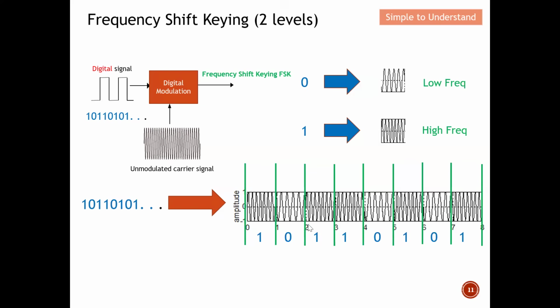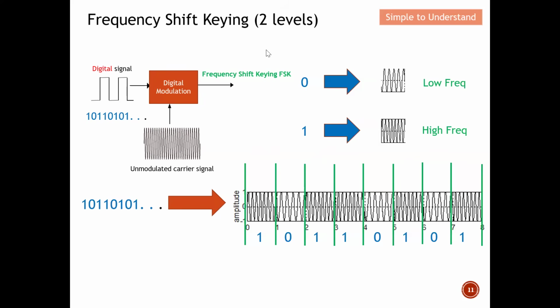So you can see that this set of digital signal can be represented by frequency shift keying. By looking at whether it is high frequency or low frequency, I am able to represent this digital signal by frequency shift keying. This is the frequency shift keying with 2 level.